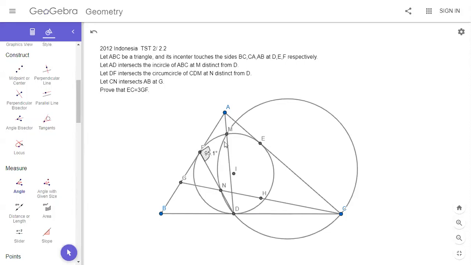Angle MFN is 95, MDC is, oh, I was wrong. So MFN is equal to MFD. So you're saying MFD is equal to MDC. Oh yeah. So yeah, MCD is similar to MNF. I see that.